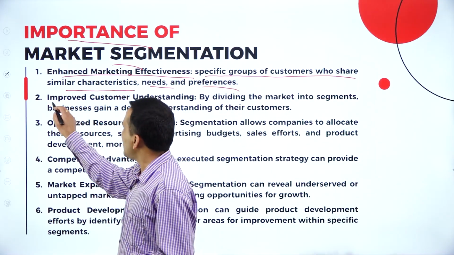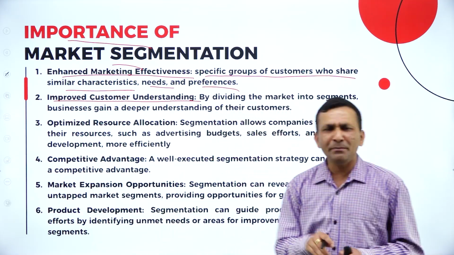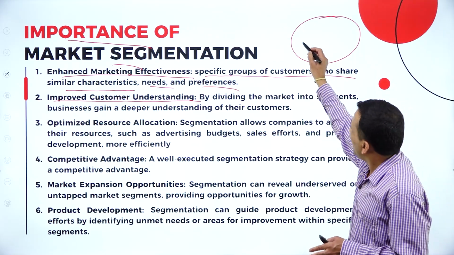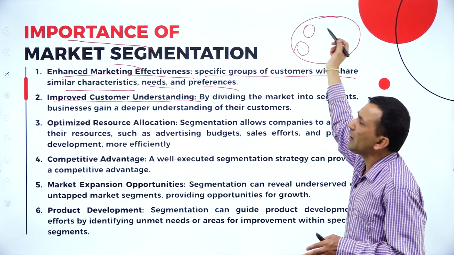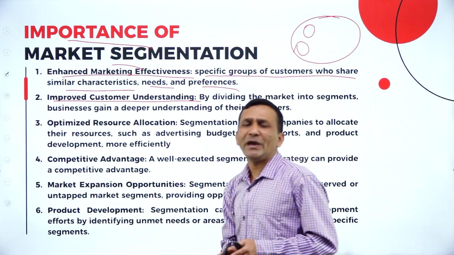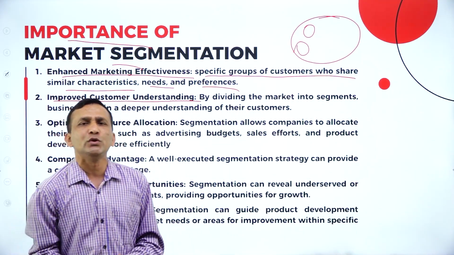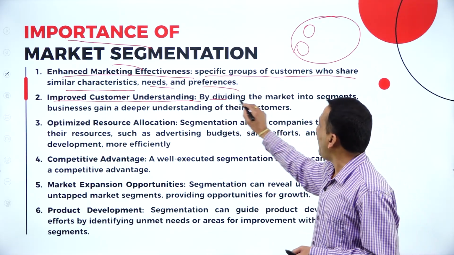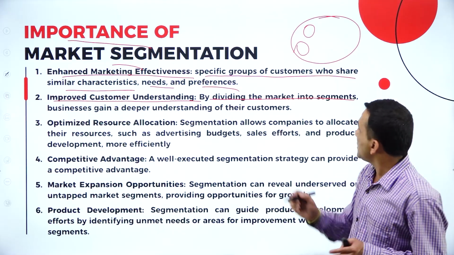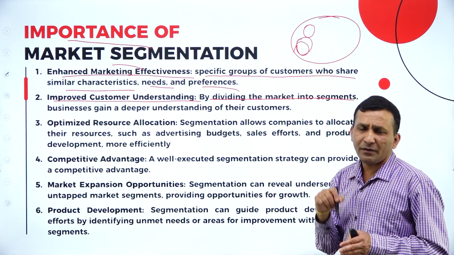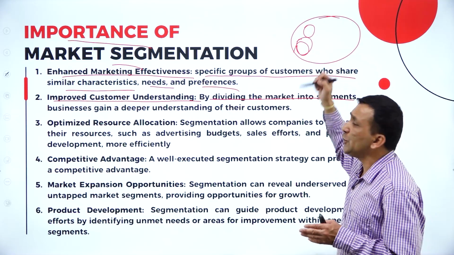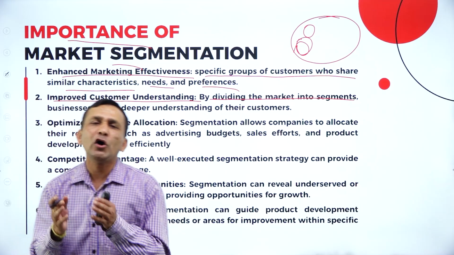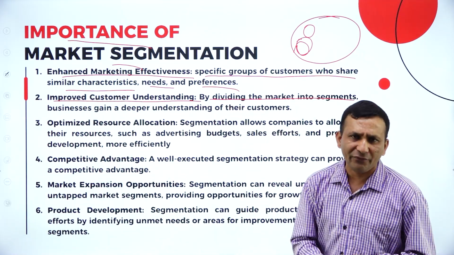Next one, improved customer understanding, because studying an entire country is very difficult. So for the respective state, city or metropolitan city, you can easily reach, and your resources can be properly utilized when you select a segmentation. By dividing the market into segments, in the case of a small segment you are selecting, you can easily focus the complete resources involved in expecting sales or profit maximization.